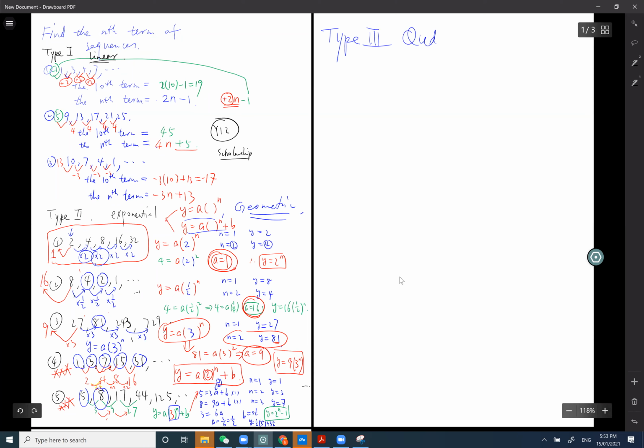Quadratics. Number 1: 1, 4, 9, 16, 25. What's the formula? The 10th one, the nth one. Number 2.